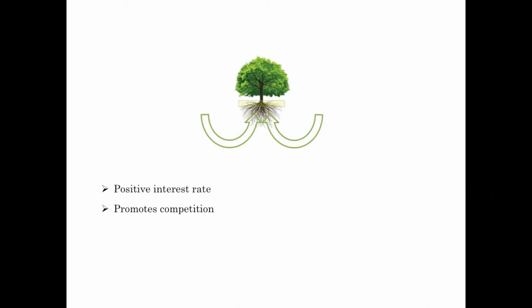So taking a tree, for example, and considering only the function of the tree that brings value from the soil into itself, we have something analogous to the present monetary system, which has the attributes of a positive interest rate, it promotes competition, and it concentrates wealth. And yet we already know that any tree has a reciprocal function, which is to return value to the soil and to the environment. So what would be the monetary analogy of such a reciprocal function?